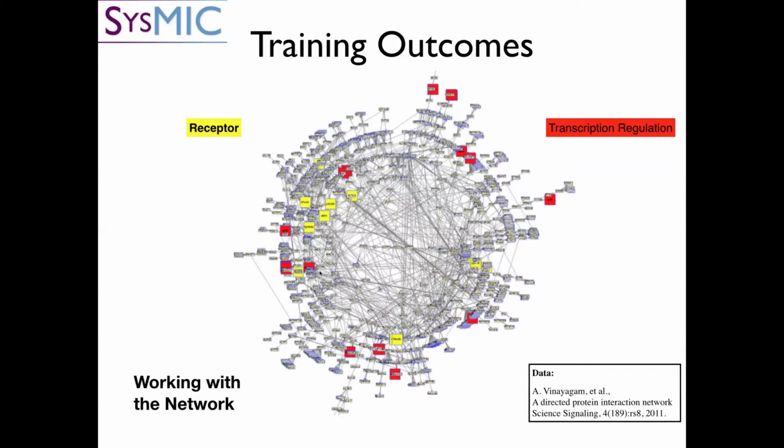The example here is in yellow are from those proteins studied are those that are known to be cellular receptors. So proteins that pick up information from the environment and start a signaling cascade. And similarly, in red, we have colored here the transcription regulatory proteins, so those that are involved in gene expression regulation.